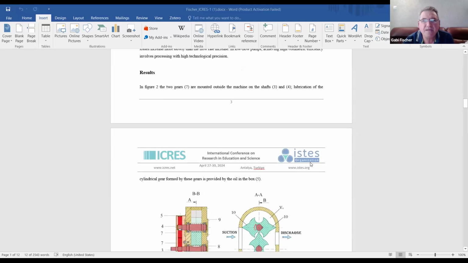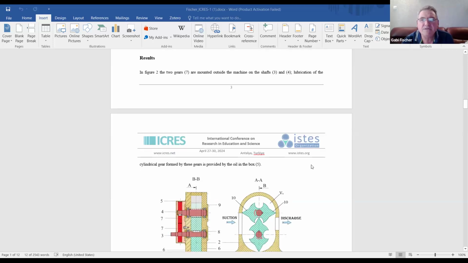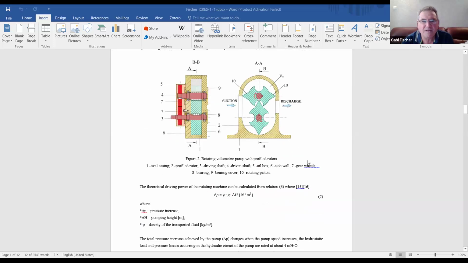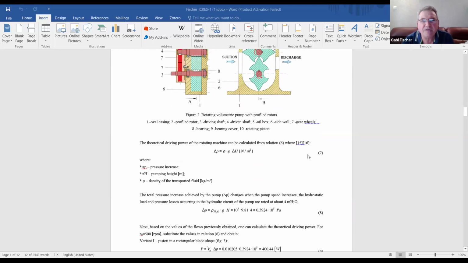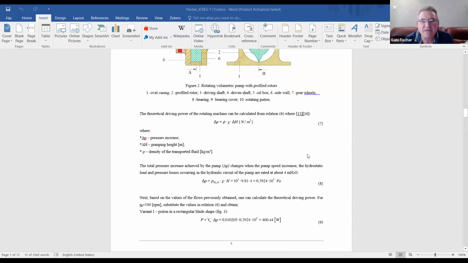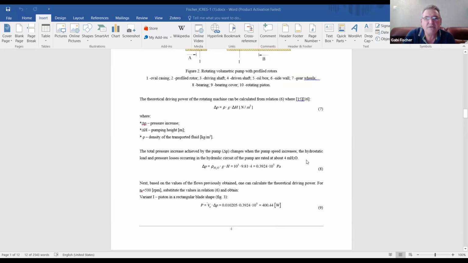So in the next figure, it shows the machine with the theoretical driving power of the rotating machine, where the total pressure increase achieved by the pump changes when the pump speed increases.